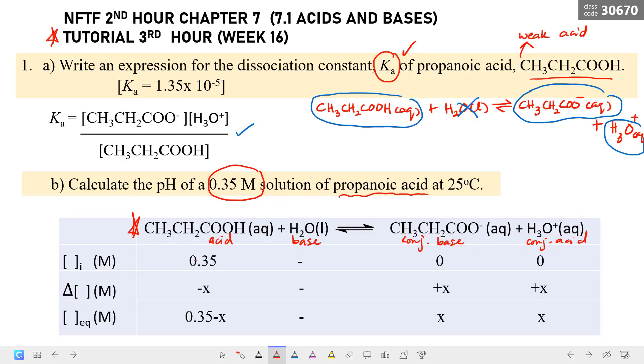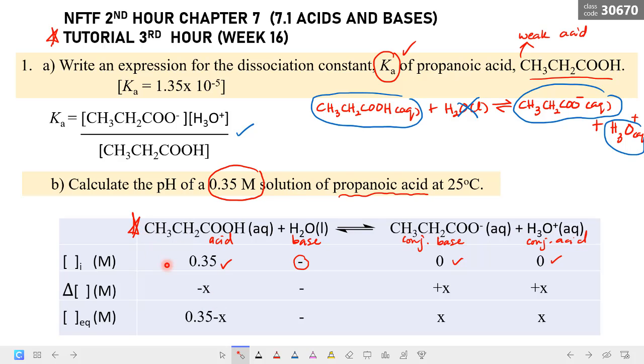Okay, the initial concentration of the propanoic acid is 0.35, and we ignore the concentration of water. Initially the ions are not yet formed, so kita letak 0. Since the weak acid slightly dissociates in water, dia hanya tercerai sedikit sahaja, kita wakilkan penceraian weak acid itu dengan unknown, iaitu X. Oleh kerana propanoic acid ini adalah weak acid dan dia adalah reactant, maka kita letak di sini negatif X. Kenapa negatif X?